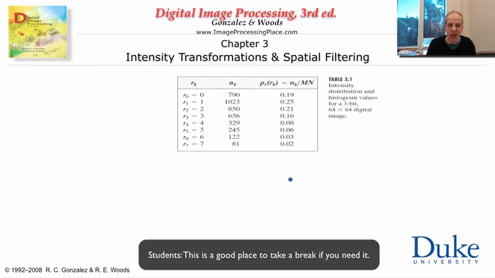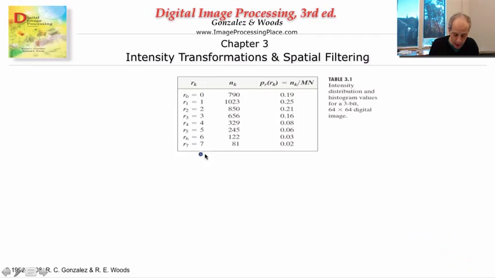So let's see this in action. First, let's just take an artificial example where we have 8 different values here. This is the counting. So we have 790 pixels that have value 0, and 1023 pixels that have value 1, and so on. And we just transform this into a probability because we have been working with probabilities.